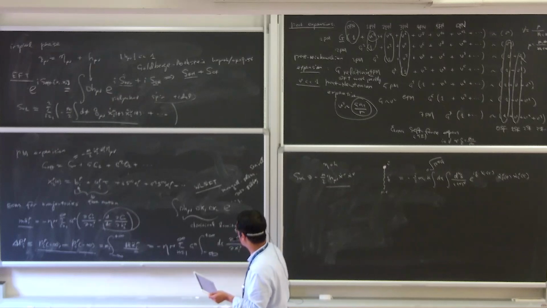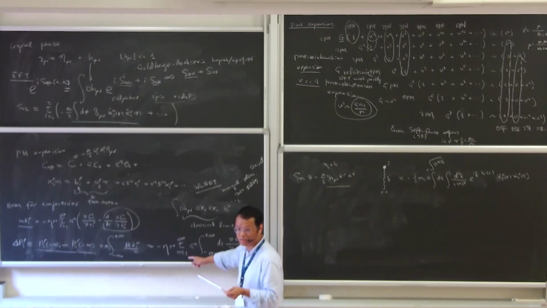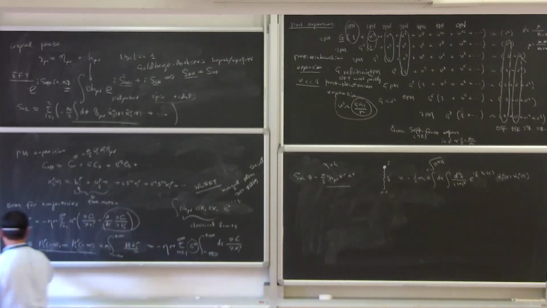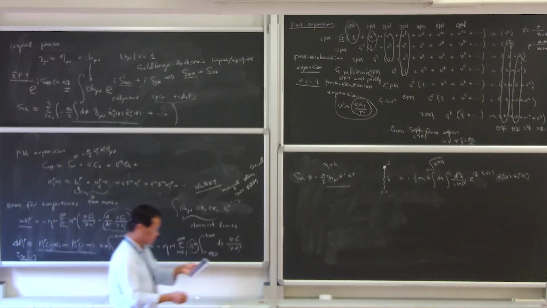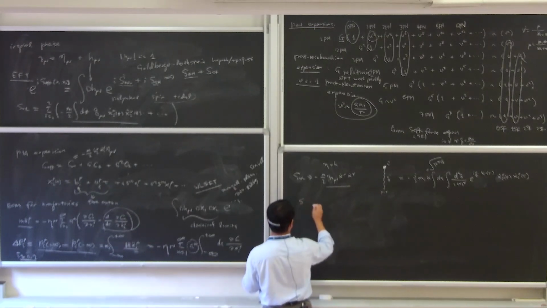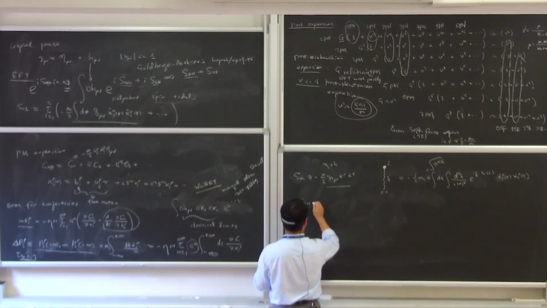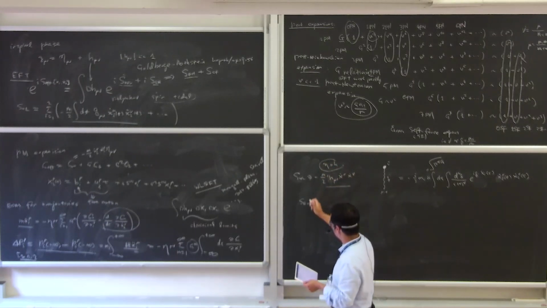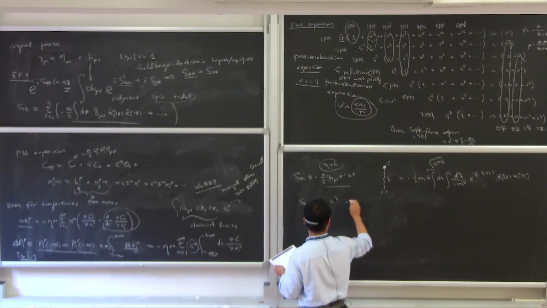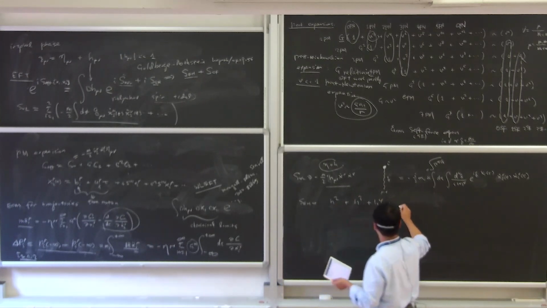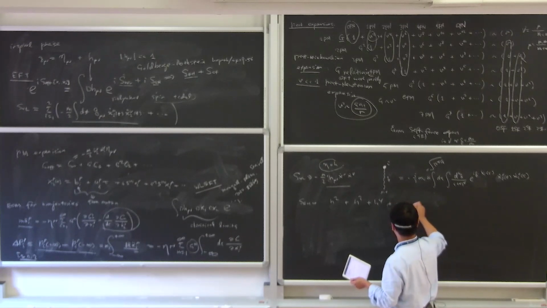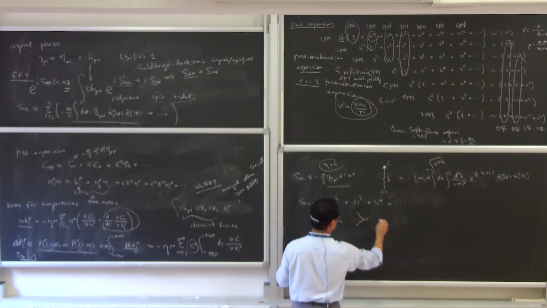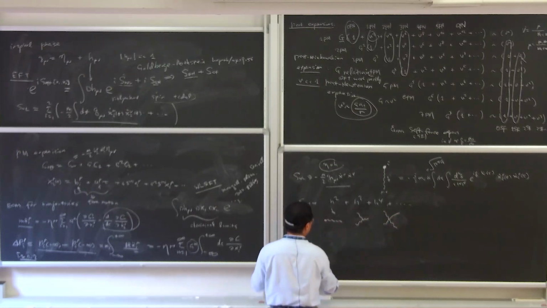Here i is 1 or 2. And for the Einstein action, if we expand in this way, we have an h squared term, an h cubed term, an h to the fourth term, for n-graviton terms. The h squared term gives the graviton propagator, and the others give vertices.